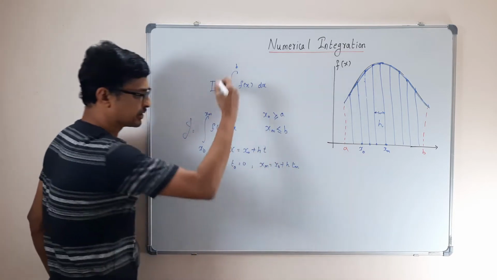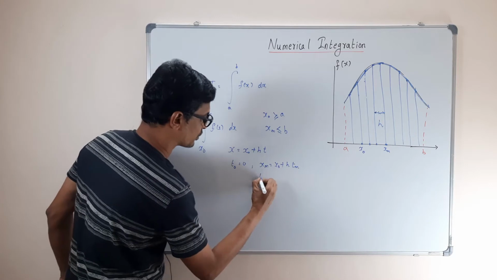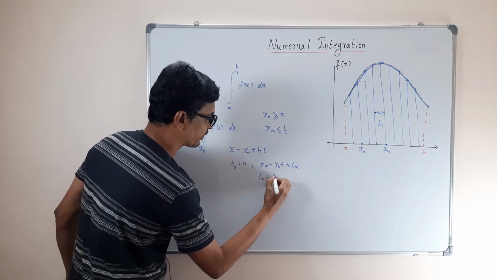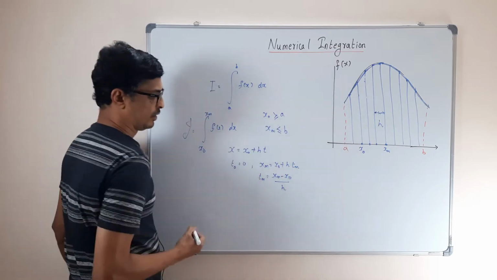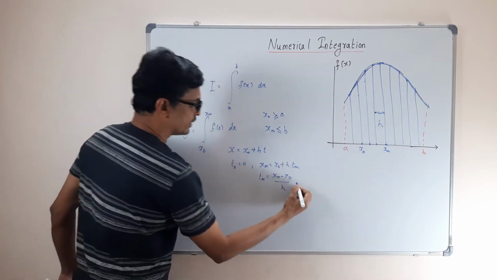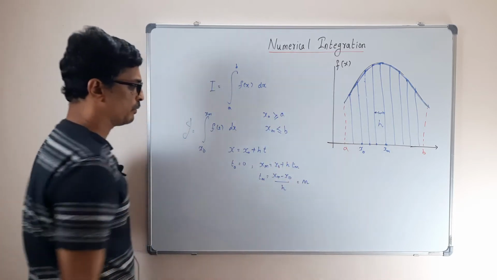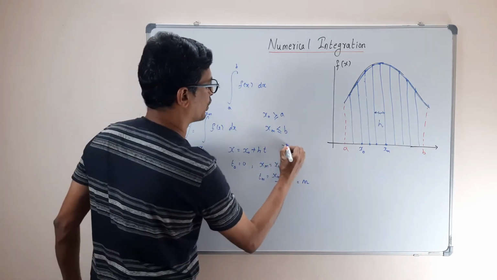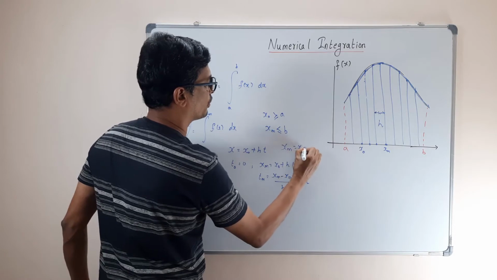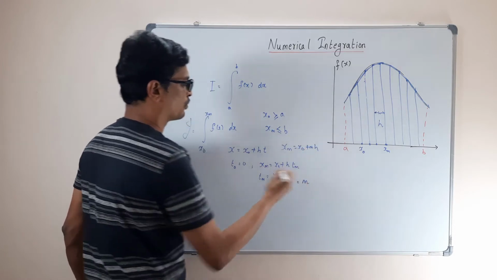Let us call it tm, that is the upper limit. So tm will be x m minus x0 by h. So one discrete, this is nothing but m. Am I right? Yes, because x of m is x0 plus mh, and that's what this is.